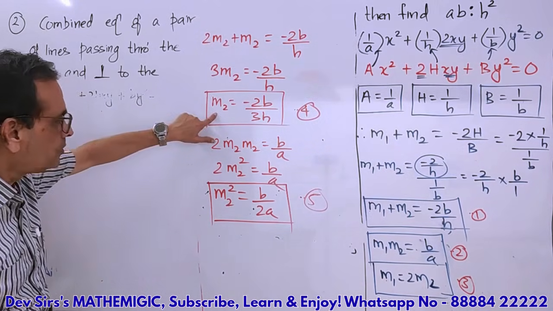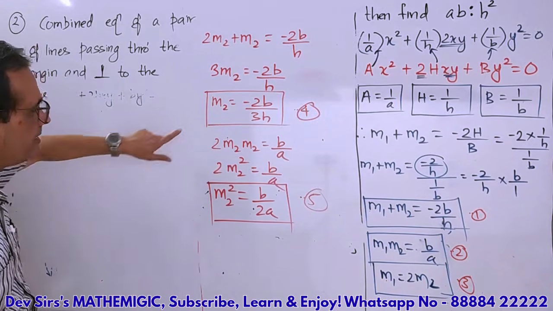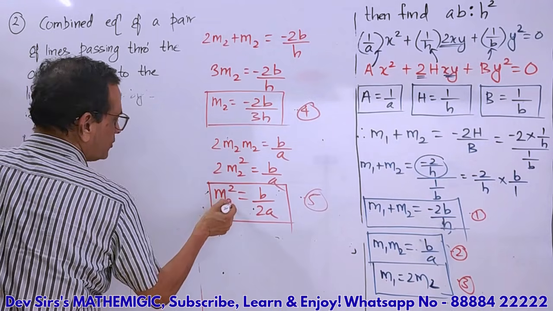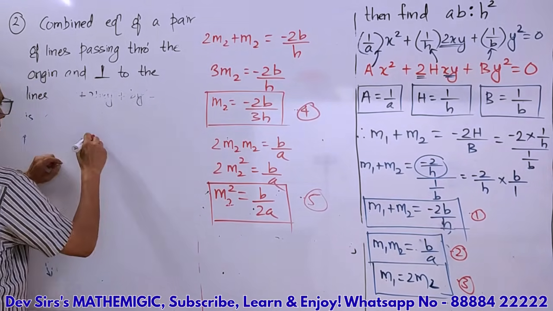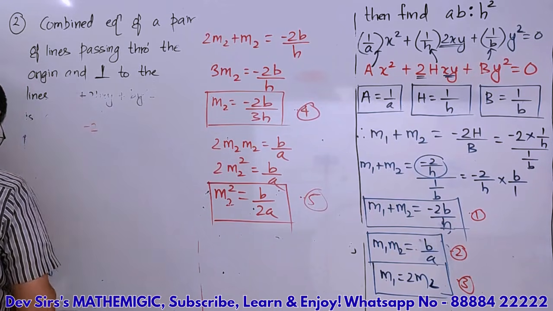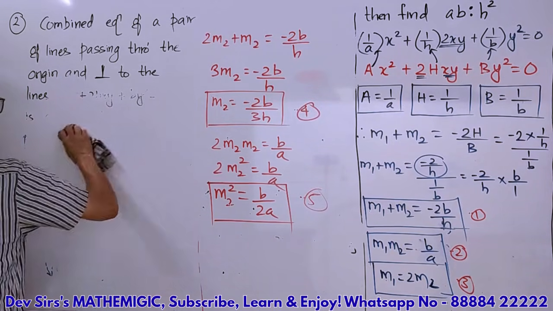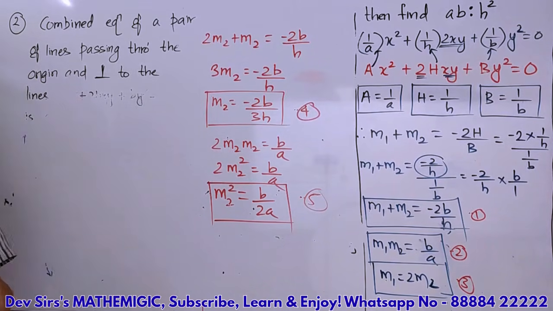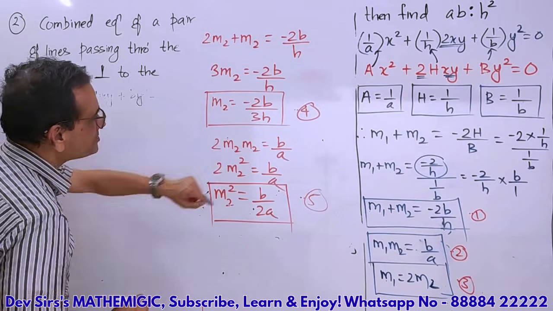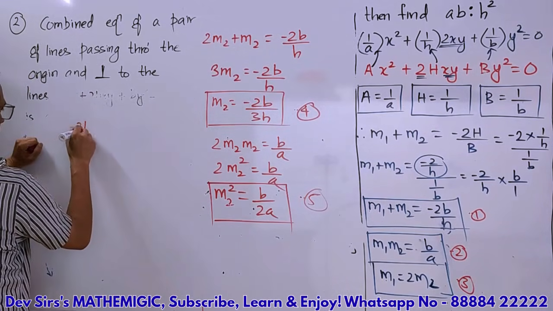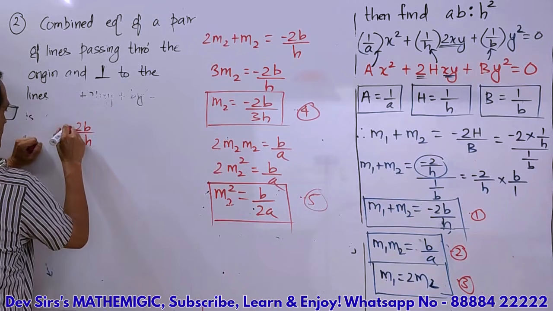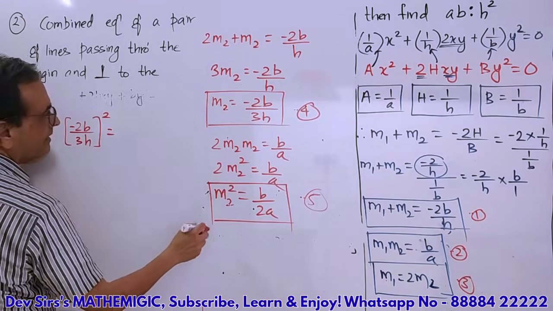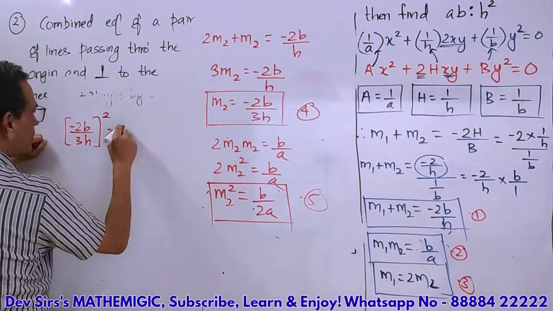Substitute the value of m2 from 4 in 5. Just put this value here in place of m2. So m2 is minus 2b upon 3h, bracket squared, is equal to b upon 2a.